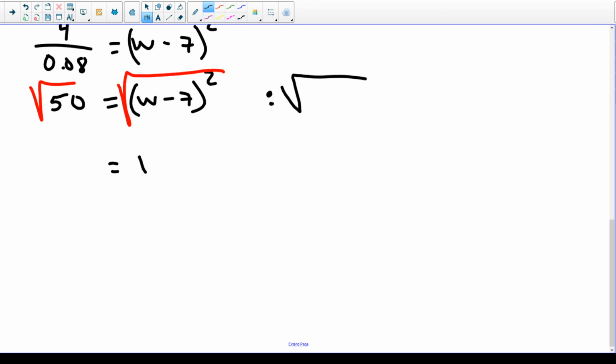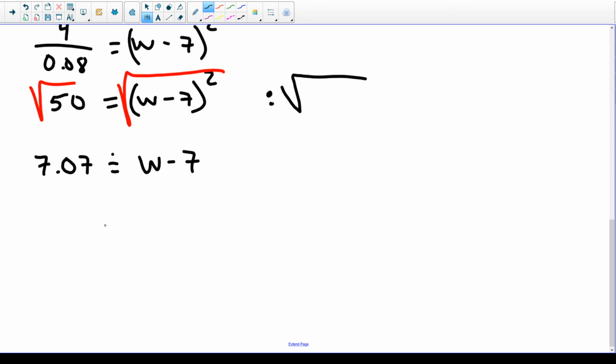And what that does on this side is it just leaves us with W minus 7, because square rooting a square just gives you the bracket itself. On this side, I'll square root 50 on my calculator. That gives 7.07 approximately.